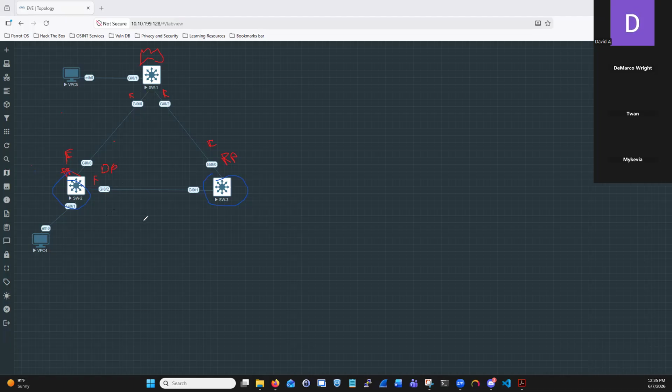What does that mean? This switch is forwarding the hello onto the segment, and this is the switch with the lowest root cost, and it is the designated switch for this segment. A segment is another name for a link. This is that segment right here.